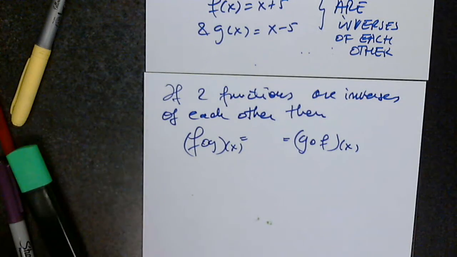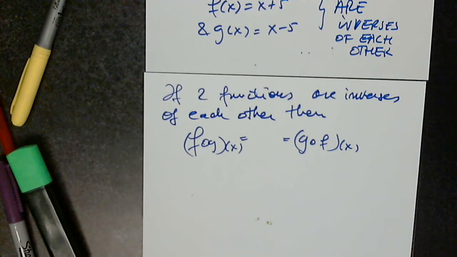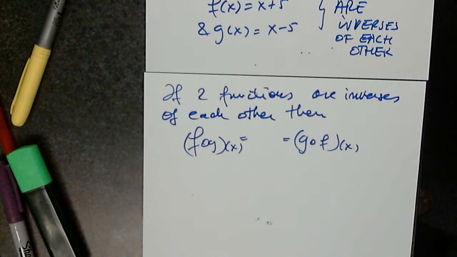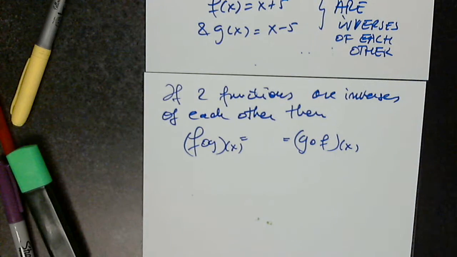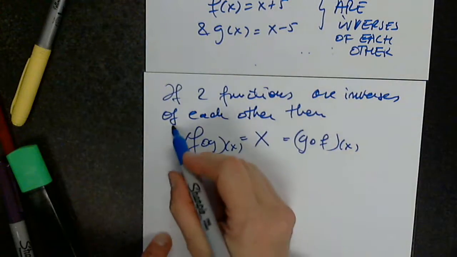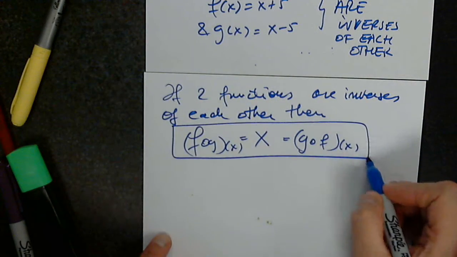In any direction, f comp g, and the other direction g comp f. I'm giving you 5 and I'm taking it back. What are you left with when I apply the two functions? I applied the function by adding 5, and I came around and applied the function of taking 5 back. What are you left with? Indeed, x. This is the property of inverse functions.